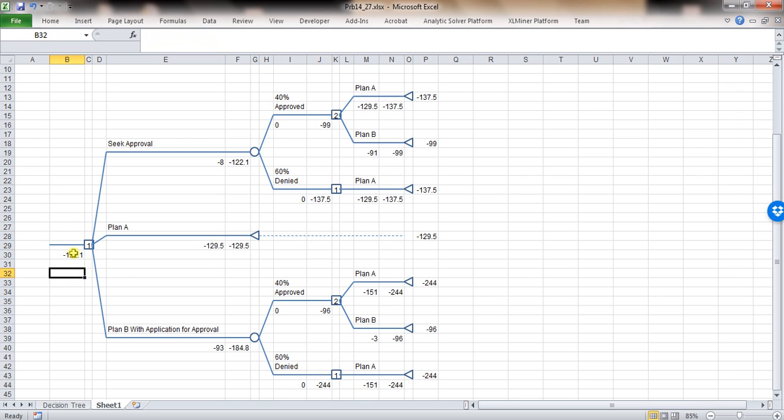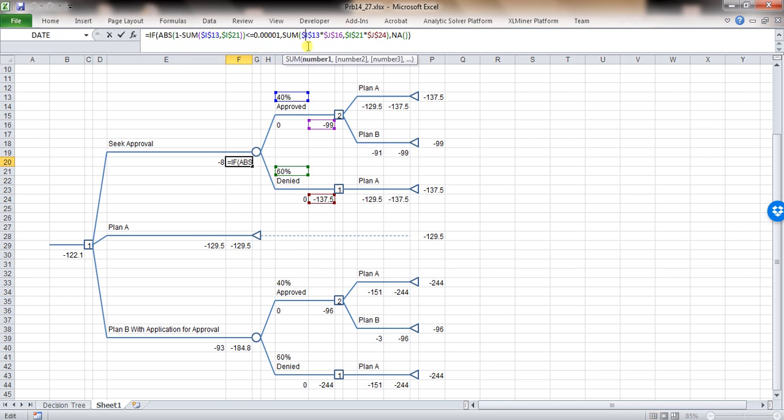If you see how EMV is calculated, it is taken the maximum of these three expected values. These expected values are calculated from the probability and the expected value of the previous stage.